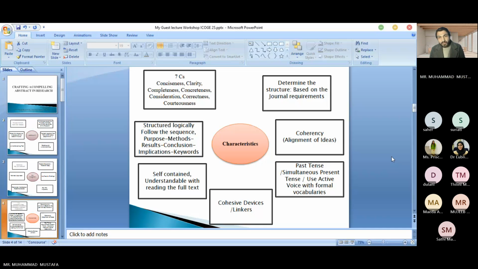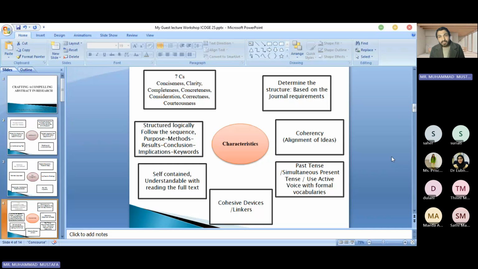And determine the structure based on the journal requirement. It is very important if you are going to submit your abstract to a journal or a conference, we have to determine the structure as demanded by the journal, the conference team, or your university.